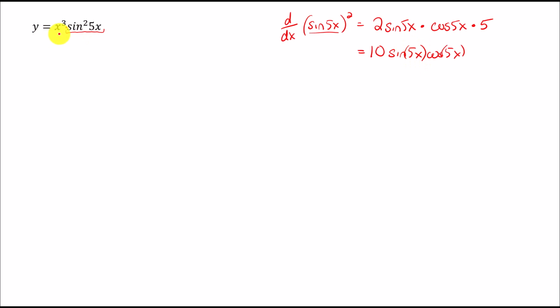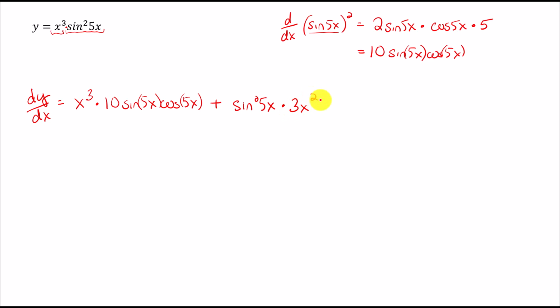So now when I do this product rule, I'm going to say dy/dx equals first times the derivative of the second. So that's where we need this. So now I can just pop it in there. Okay, so this was first times the derivative of the second, plus the second, which is exactly like you see it, times the derivative of the first, which is this x cubed, and that's going to be 3x squared for that derivative.